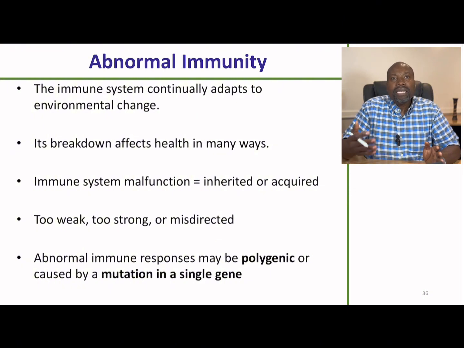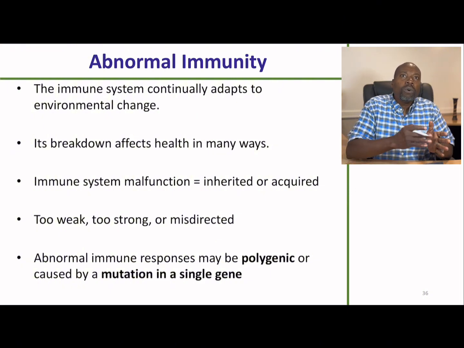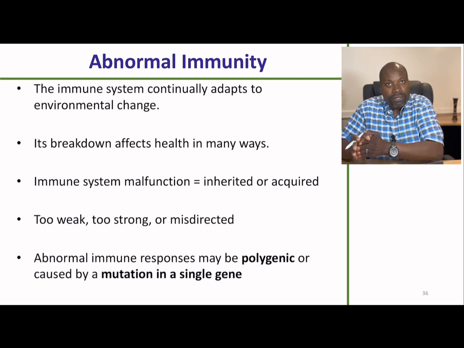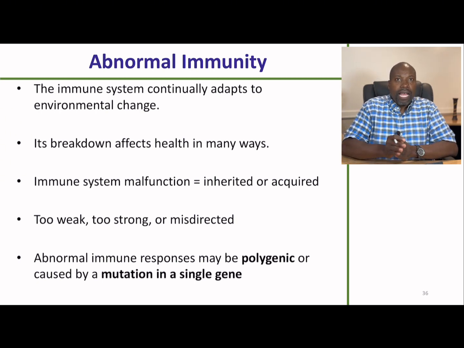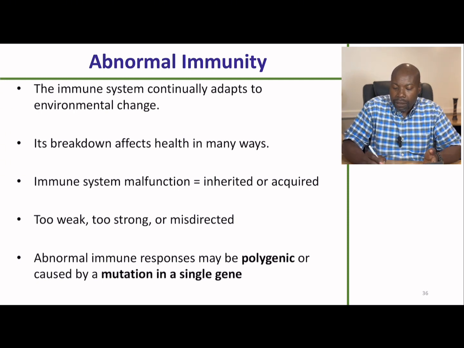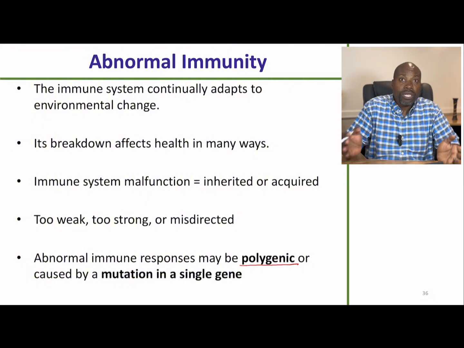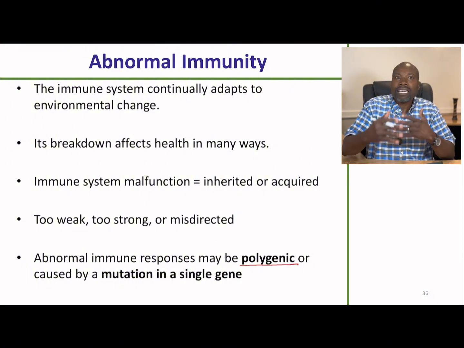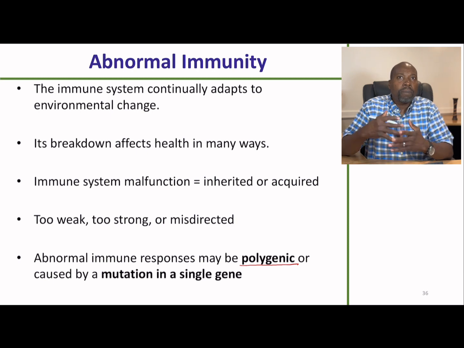What does that mean? That means that instead of doing what it is intended to do, it's going to do something else, right? And these abnormalities can be caused by multiple genes that are somehow modified or interacting in an inappropriate manner.